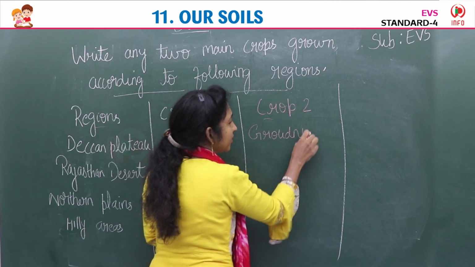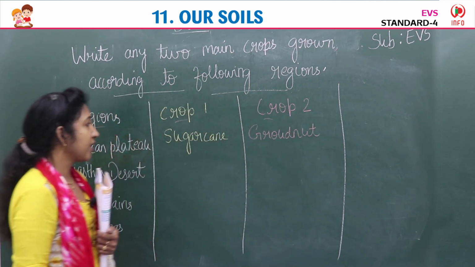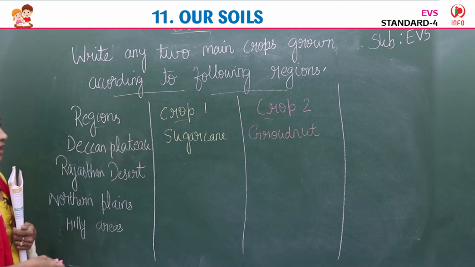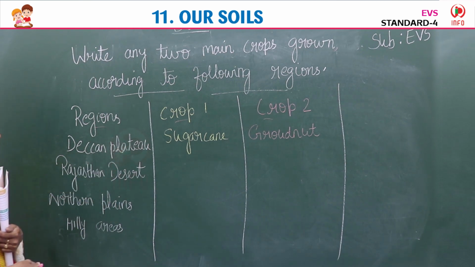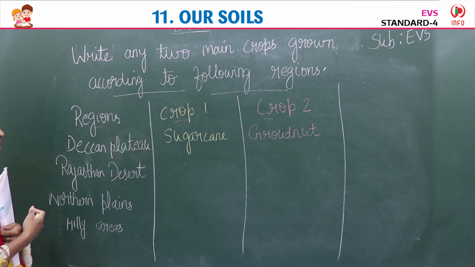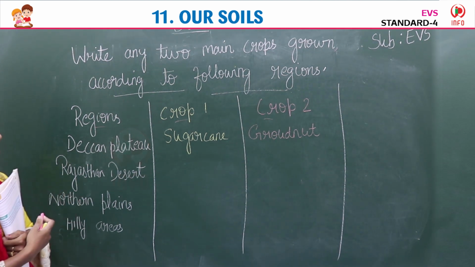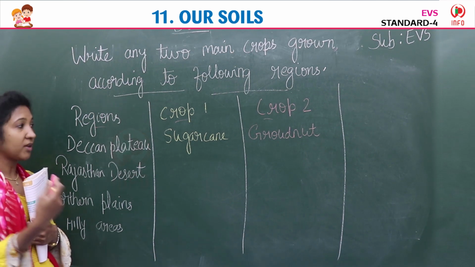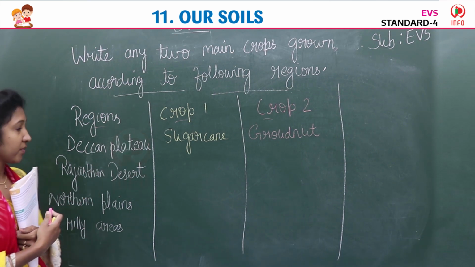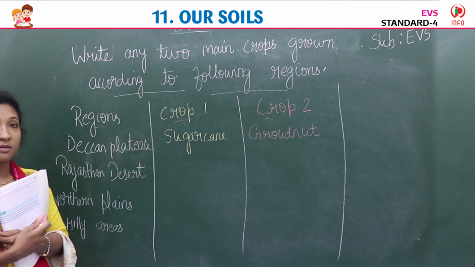Other crops are there, you can write any names, okay? I am writing sugarcane and groundnut in Deccan Plateau. Plateau region, farmland region. We can find black soil in that region. You can find out from the textbook and write other names of the crops also. Now Rajasthan desert.